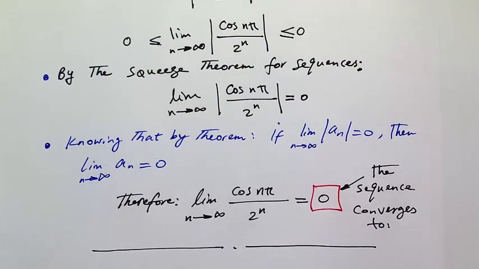So if the sequence that comprises a series has a limit, it doesn't mean that the series converges or diverges. We have to investigate that. But this is just a reminder. When we get to section 8.2, we will look at that in detail.